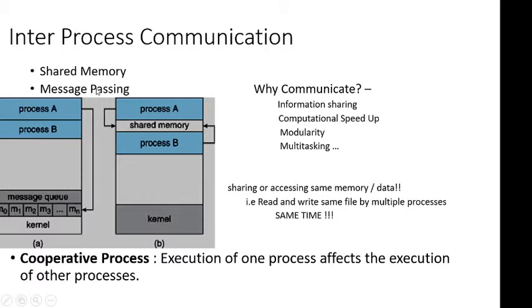So again, the problem lies with the shared memory. Just imagine sharing the same data. That is fine if multiple processes are reading at the same time. But at the same time, many processes are writing and reading in the same place, so there could be a wrong read. Someone could read it wrong. Someone could write it wrong. So all of these errors can happen. Unexpected errors can happen.